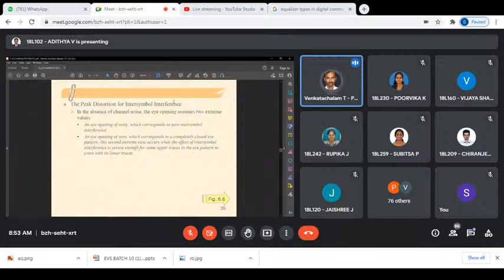These are the two extreme cases. If the eye opening is unity, the eye opening is full. What does that mean? Zero ISI, because we have two levels in our binary transmission. If the eye opening is unity, ISI is 0. If the eye opening is 0, that means a completely closed eye.